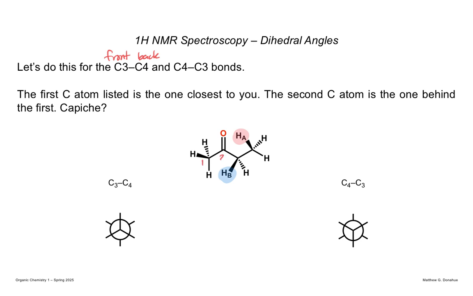So 1, 2, 3, 4. So for the problem on the left, really what we're doing, because the backbone is in the plane, we have to put our eyeball in that same plane. And so we want to put our eyeball right here. And we want to look down the 3 to 4 bond. And then from the Newman projection, just stick in all the substituents.